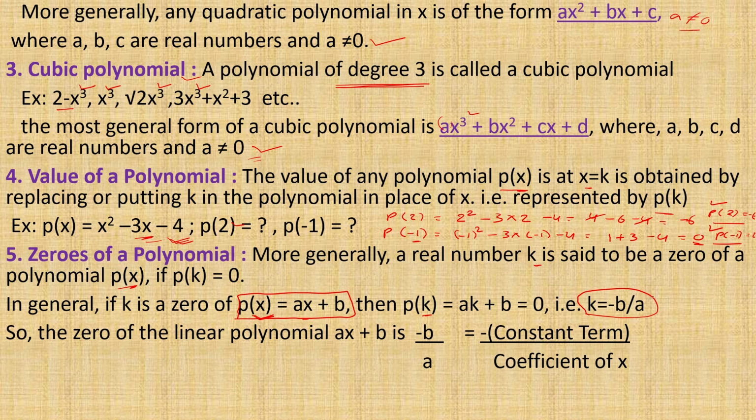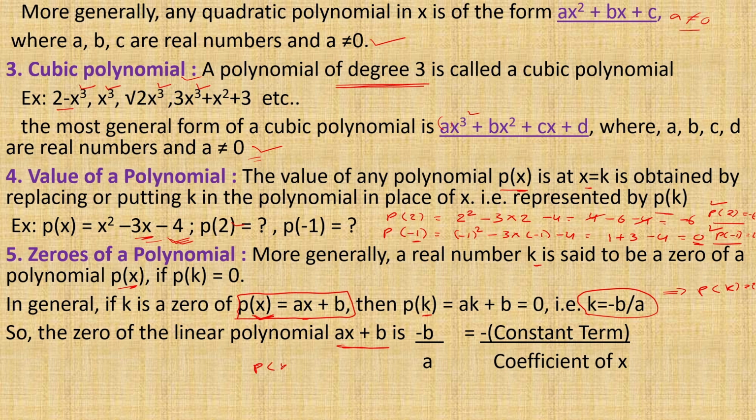If k is equal to minus b by a, then p of k is equal to 0. So this k value, minus b by a, is called 0 of the polynomial ax plus b. Understood now?